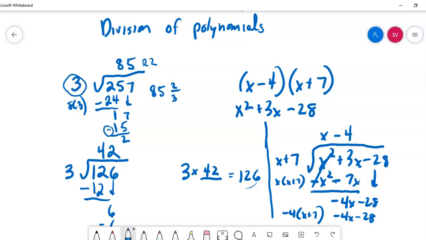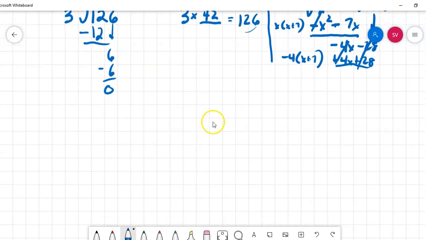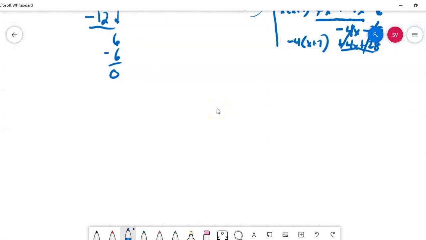We have to subtract it. If I subtract this, everything switches signs and everything goes to 0. So x minus 4 times x plus 7 gives me this x squared plus 3x minus 28. So that's how the division of polynomials works.